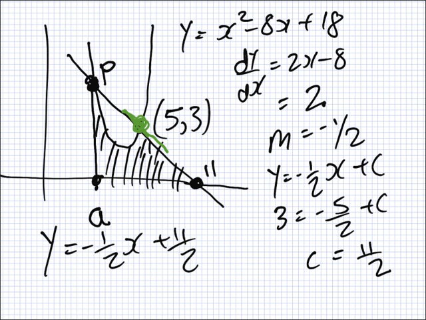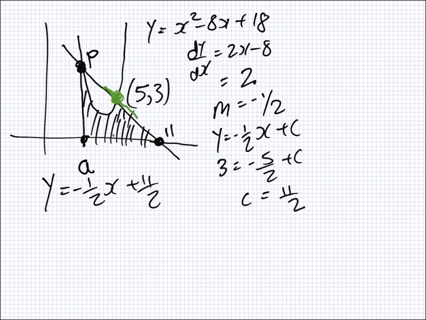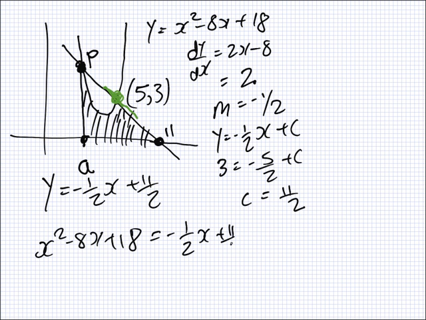Any ideas? Would you solve the quadratic? Which one? How do we find point P? Simultaneous. Oh, yes. x squared minus 8x plus 18 equals minus a half x plus 11 over 2.